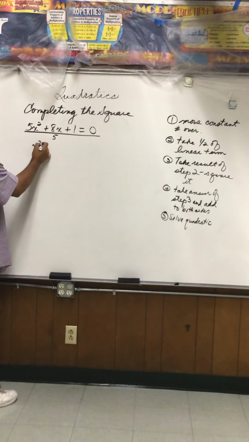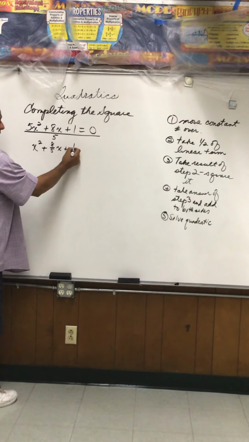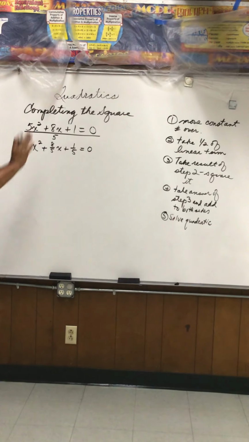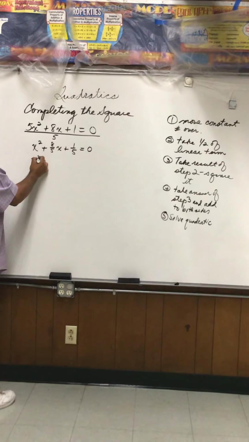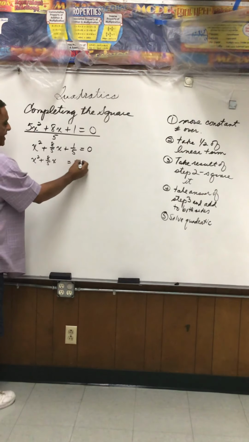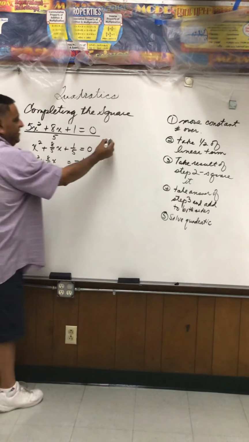So now I'm going to get x squared plus 8 over 5x plus 1/5 is equal to 0. This is more complex. Same thing. Step 1, move that constant number over. x squared plus 8 over 5x is equal to a negative 1/5. Take the linear term, 8/5.